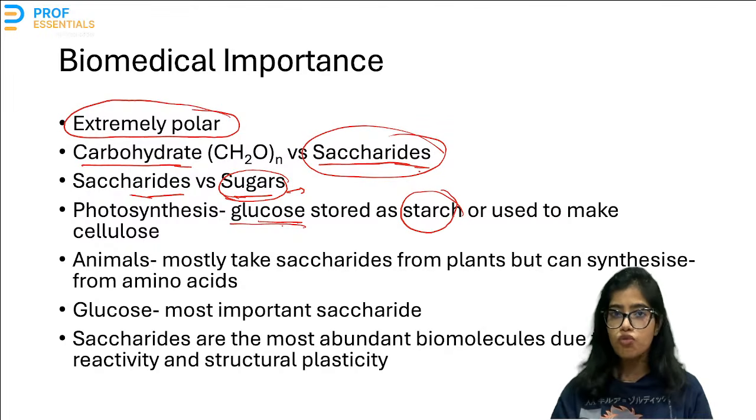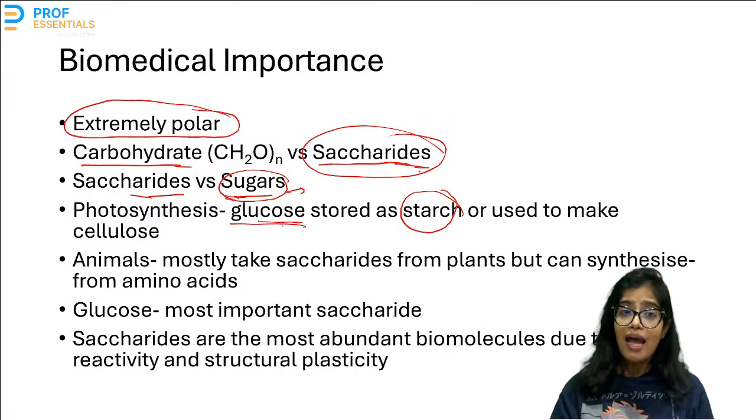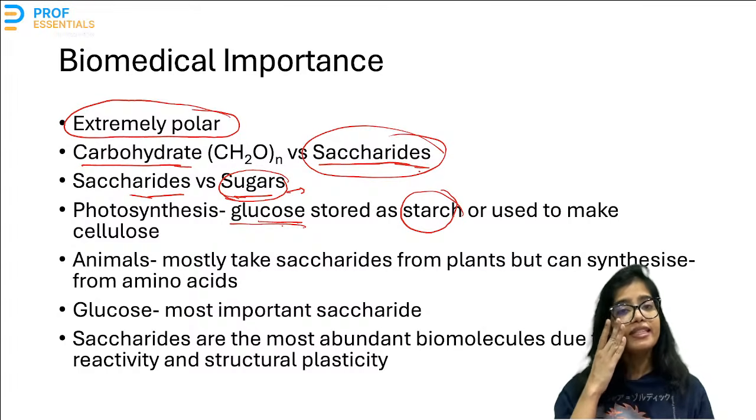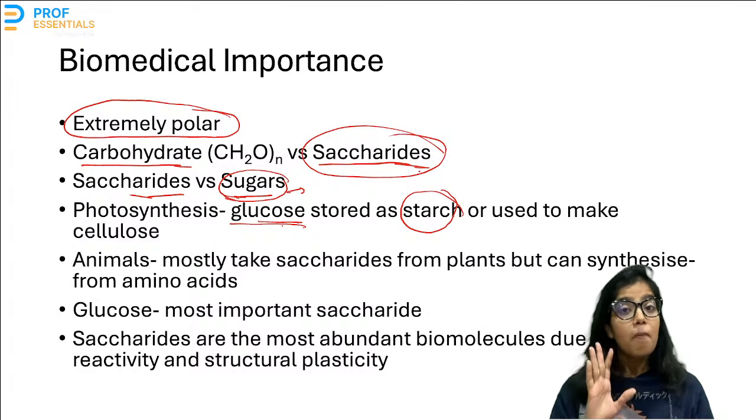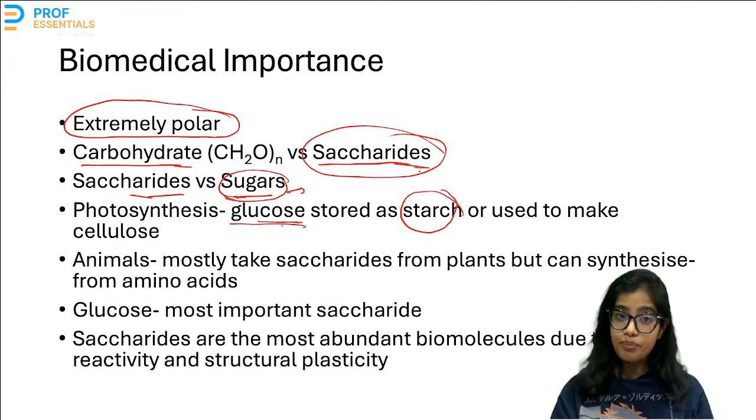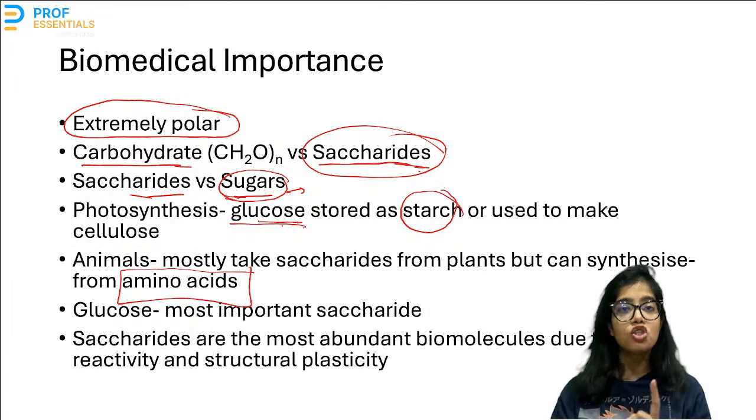These are all storage forms of glucose. In animals, mostly we take saccharides from the plants, but we can also synthesize saccharides from amino acids, and we are going to read about them in a chapter called gluconeogenesis. Genesis of glucose from a new compound or a new substrate.